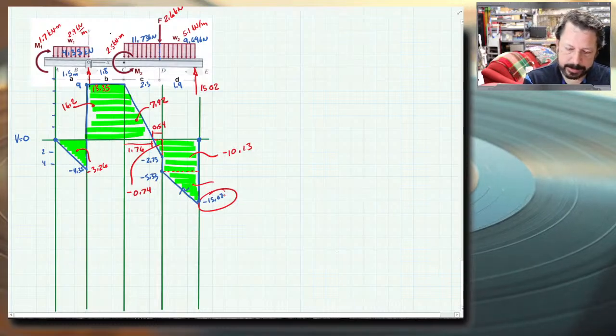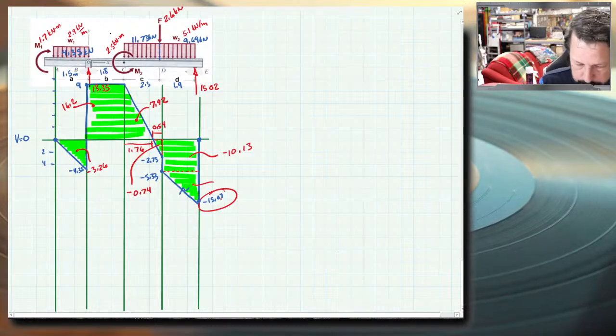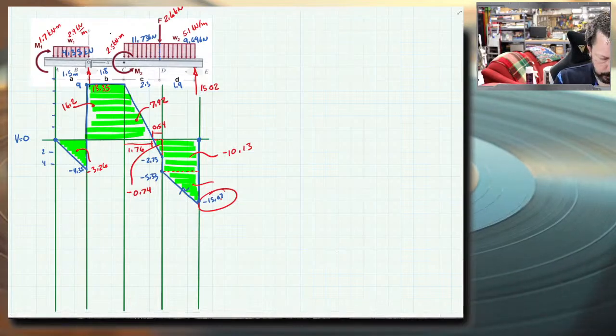What I was saying is the height of this triangle is not 15.02. It is 15.02 minus 5.33. So the height of the triangle is only 9.69. And then it has a base of 1.9, divided by 2 because it's a triangle. So negative 9.21.